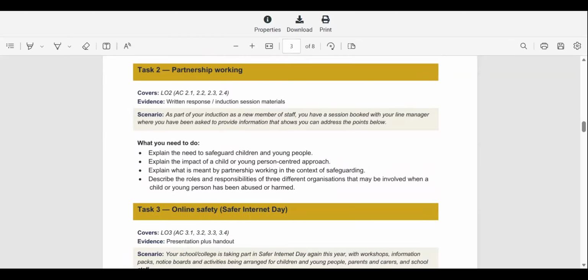So what I would do is have this as a heading and then write the answer under it. There are 4 points, so I would have each one as a heading and then write under each one. That would be the best way to do that.